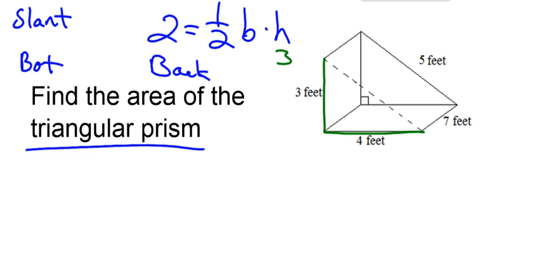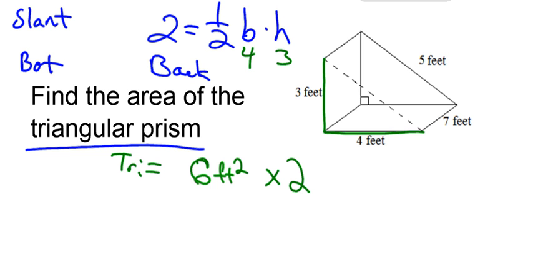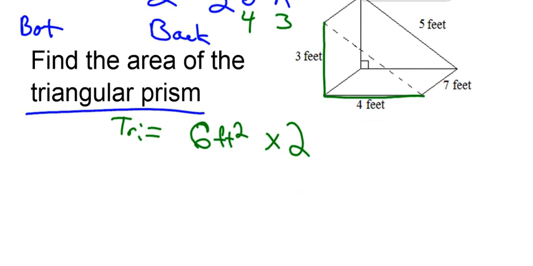So 1/2 times 4 is 2, 2 times 3 is 6. 6 feet squared, because we're dealing with area. And this is a triangle, and of course we do have two of them, so we can't forget there's two of them when we get to our final calculation.